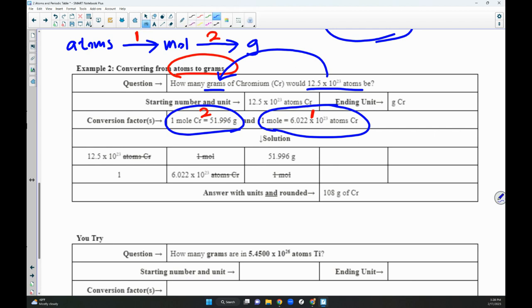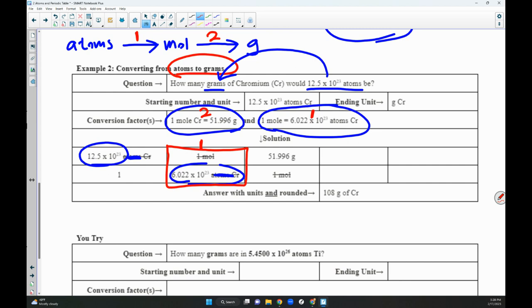So as always, we put our starting number and unit down here, 12.5 times 10 to the 23rd atoms. And we're going to convert from atoms to moles first. So I put Avogadro's number right here, and I can cancel out atoms. And then I convert to moles on top. This is my first conversion factor.